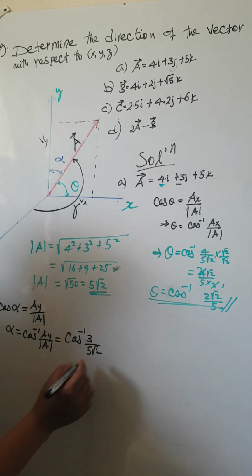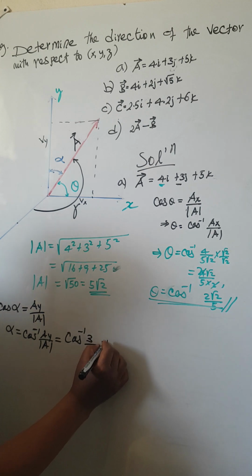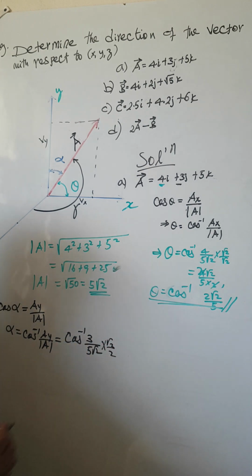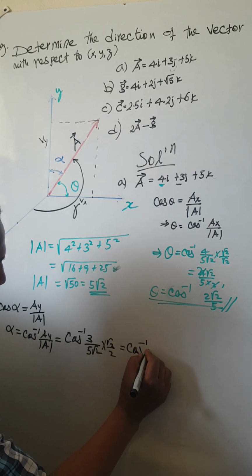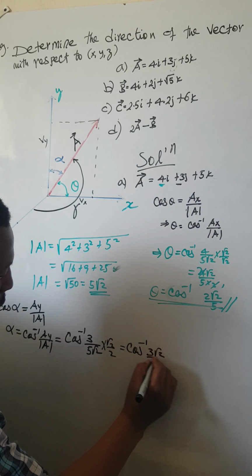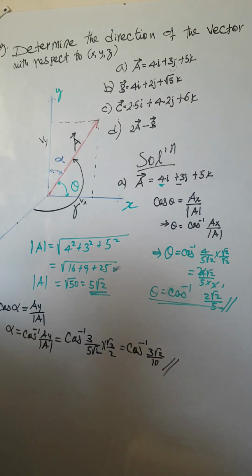Still we need to rationalize this, times root 2 over 2, so that this is equal to cos inverse of 3 root 2 divided by 10, which is the direction.